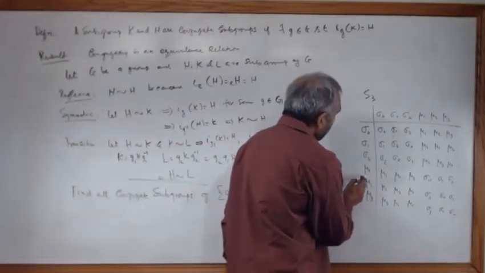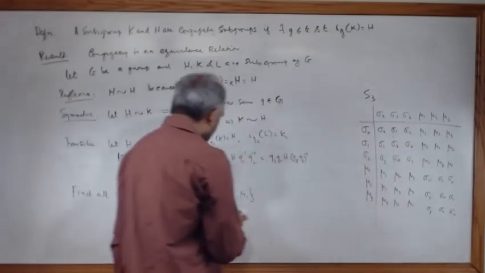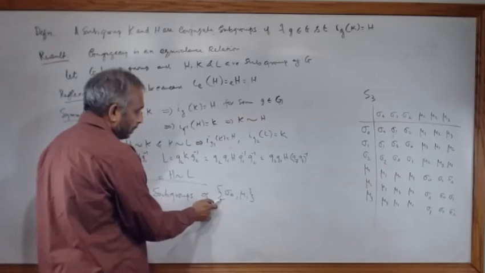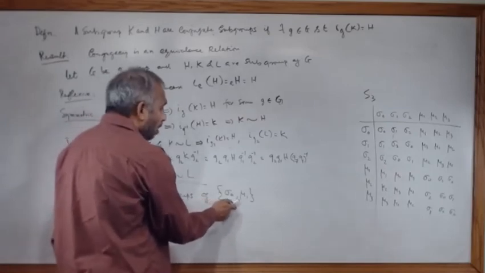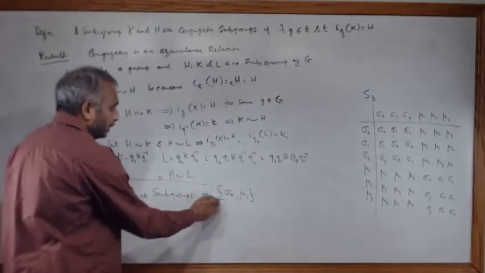What is μ1 square? μ1 square is σ0. So this is really a subgroup. So we need to find out all the other conjugate subgroups of this.